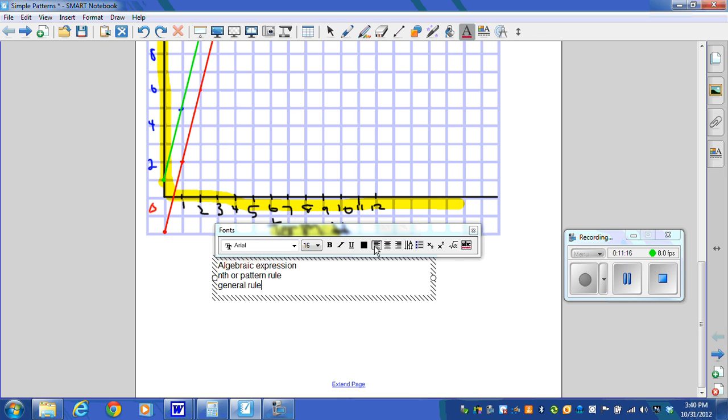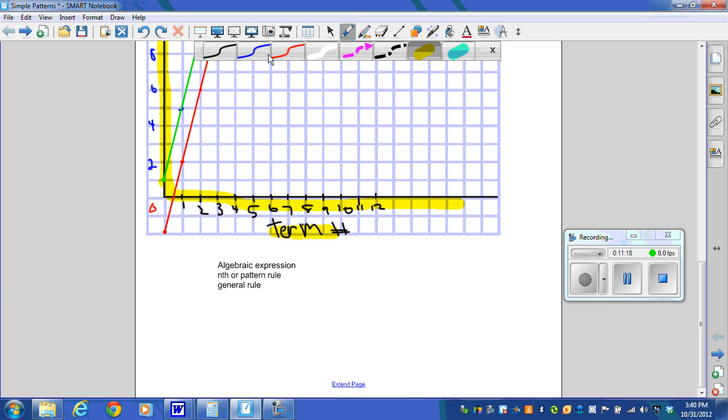Last thing, you might be asked to find something like this. 2n plus 3 equals, let's say, 5. So how would you figure that one out? Well, you simply are given a blank. 2 times what plus 3 will equal 5.